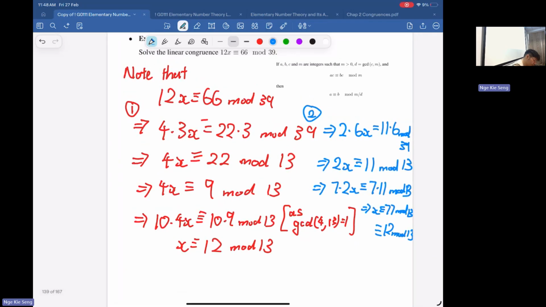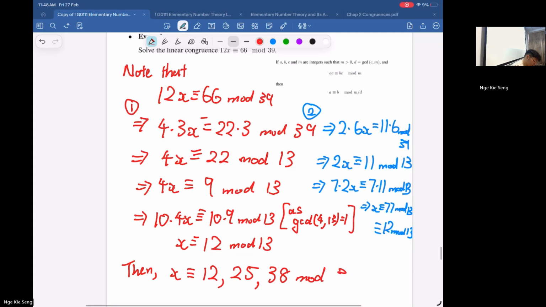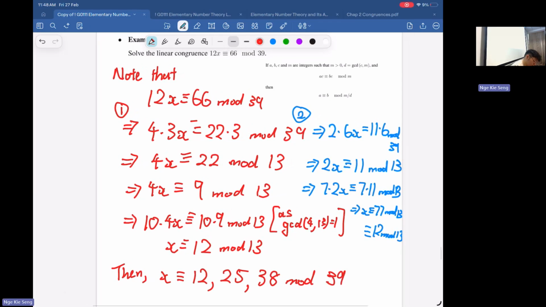So then x equals 12, and then add 13, what do you get? 25, 38, mod 39 will work.